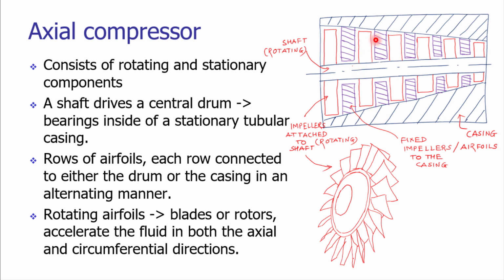Thus in this way the axial compressor works, and it is widely used in the industry. The construction of the axial compressor is quite complex and requires many mechanical and rotating elements. The cost of the axial compressor is quite high, but it gives high volume with high pressure.